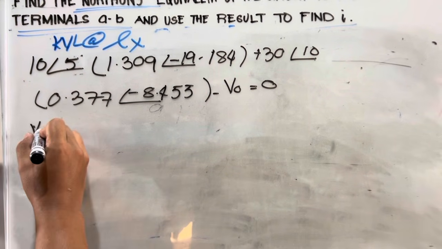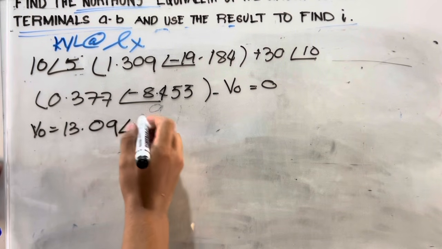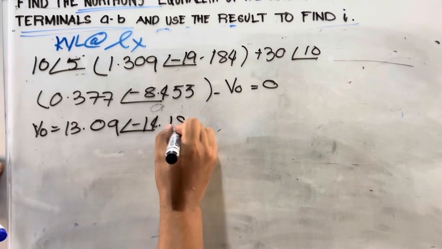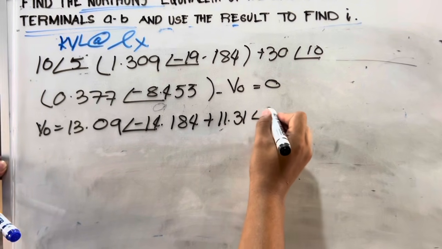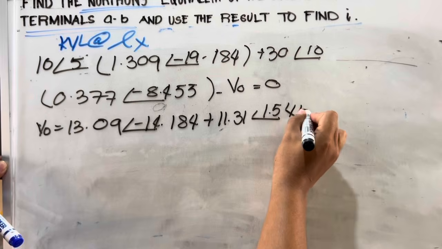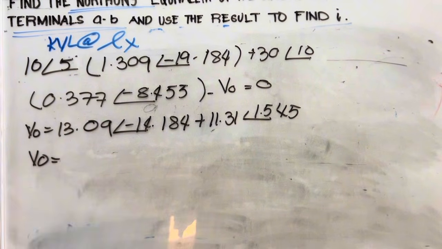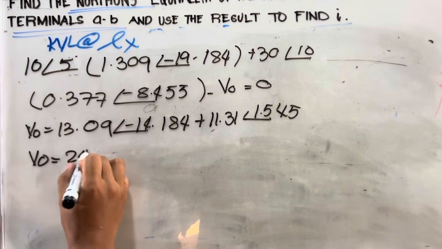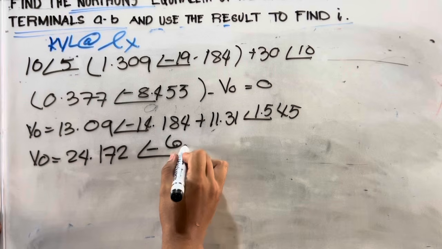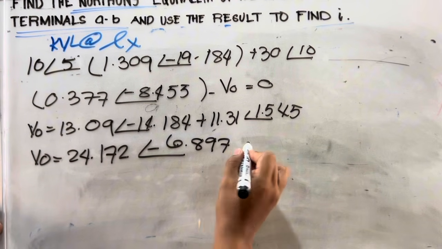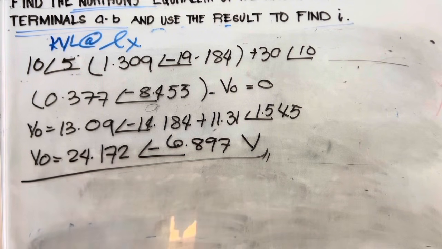So our V's of O is equivalent to 13.09 angle of negative 14.184 plus 11.31 angle of 1.545. V's of O therefore is 24.172 angle of negative 6.897 volts. This is our V's of O.